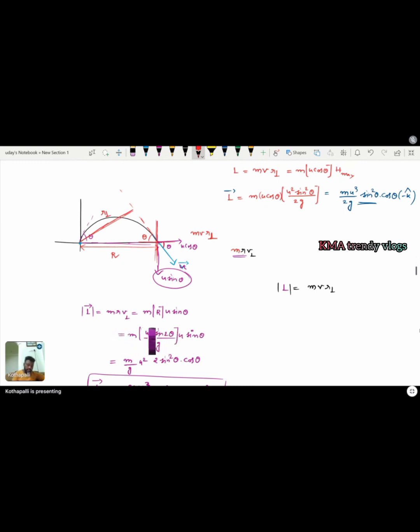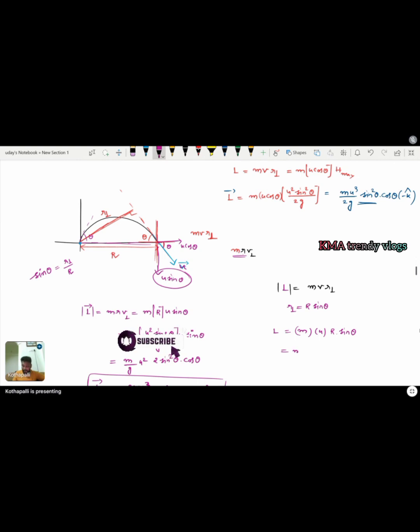Now, if it is theta, this is r, this is the perpendicular point. What can I write for r perpendicular using this information? I want this value, and I know this value as r. Sin theta is opposite by hypotenuse, so from the triangle sin theta is equal to r perpendicular by r. From this, r perpendicular is r sin theta. So now L will be m into v, the final velocity, which equals the initial velocity in magnitude u, into r sin theta.